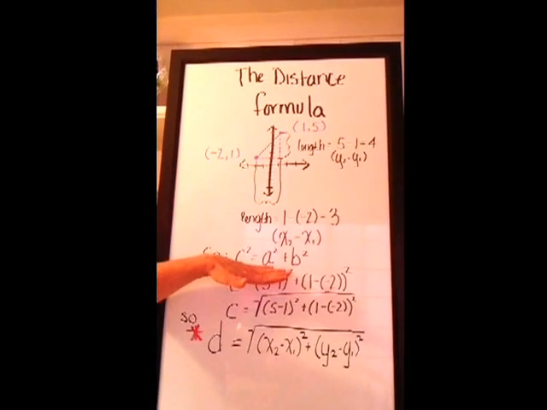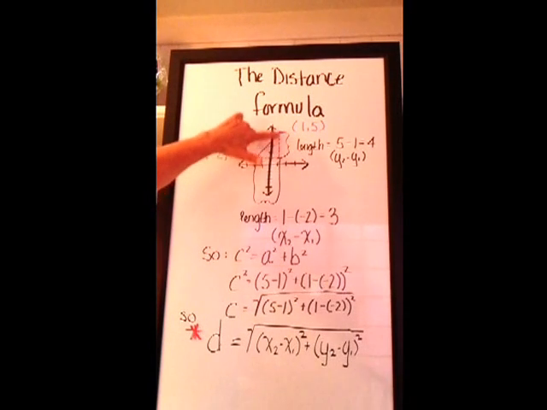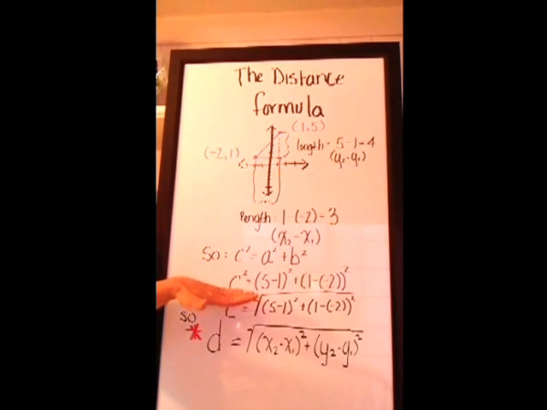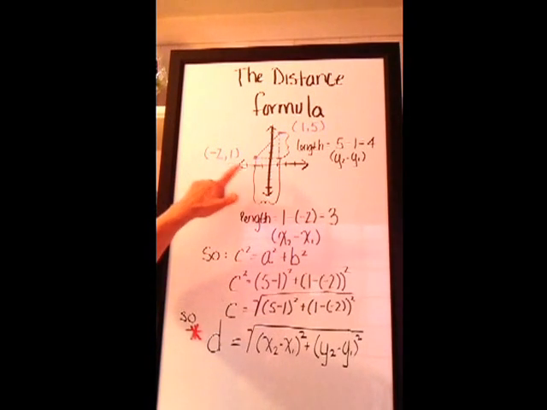So remember, the Pythagorean theorem says the hypotenuse squared is equal to the sum of the legs squared. The legs in this case would be this length and this length. So here it's going to be c squared is equal to (5 minus 1), this length squared, plus (1 minus -2), this length squared.